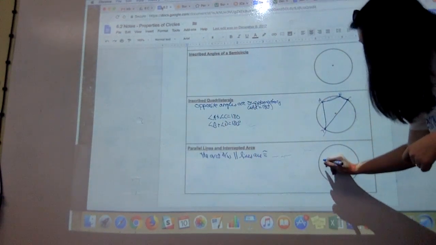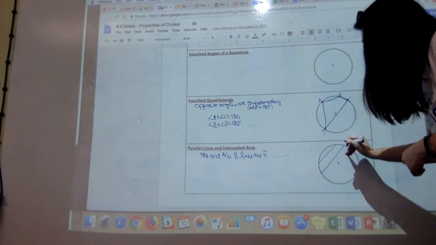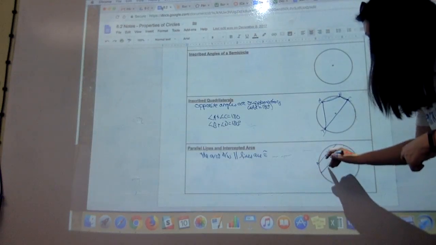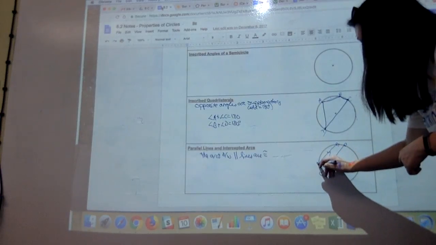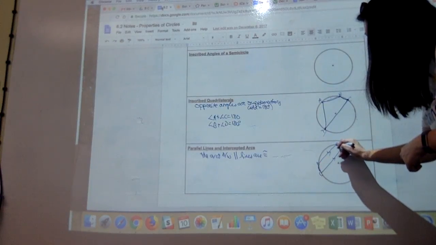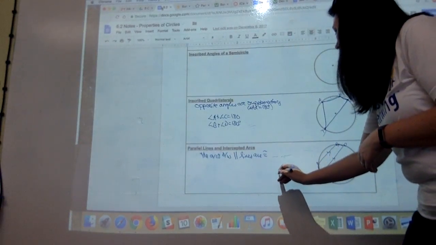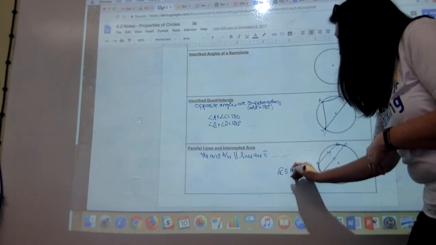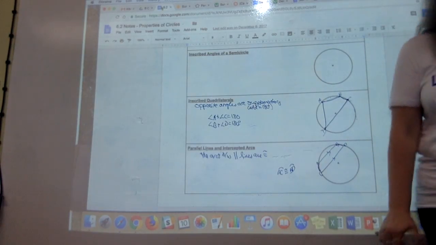If I draw these two lines that are parallel, and I call this AB and CD, then arc AC and arc BD would be congruent.